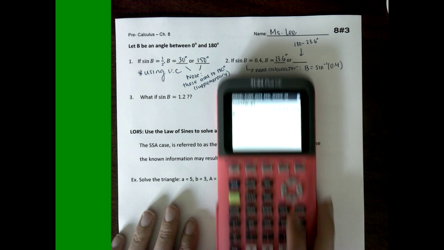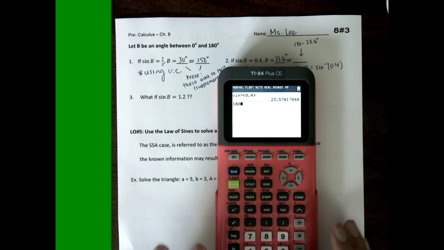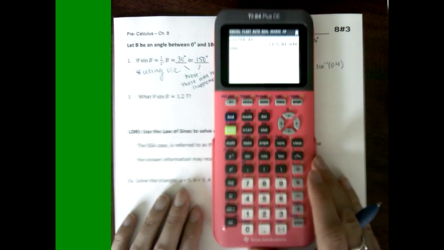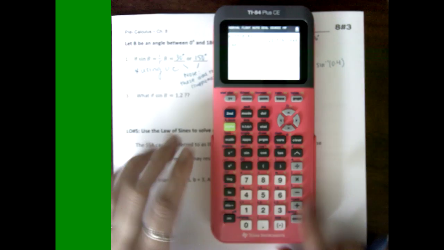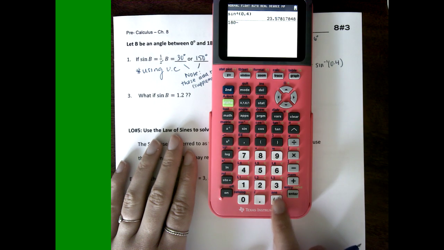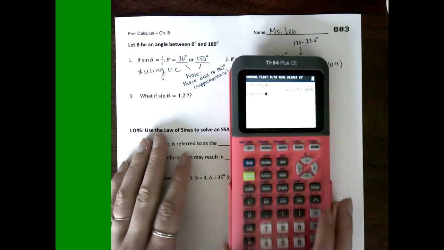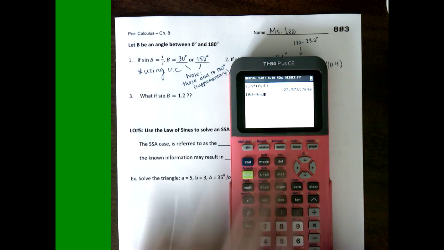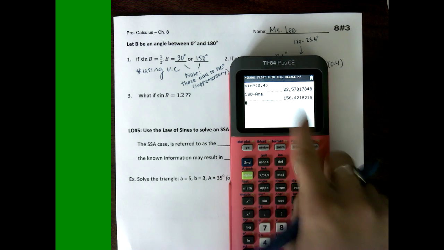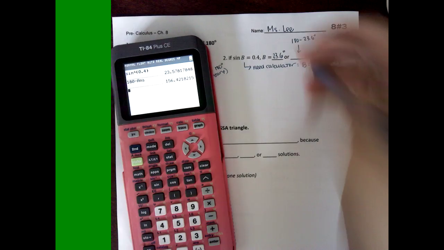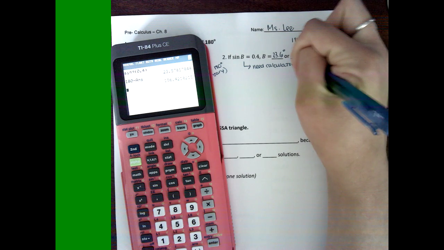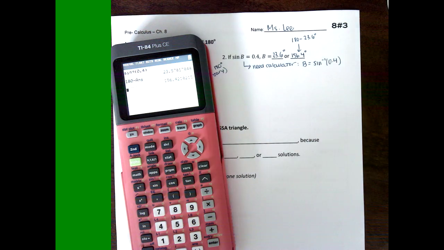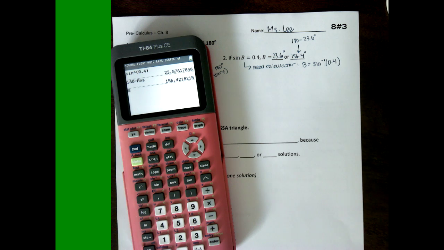I like to just do 180 minus, and then I hit second, and then the little negative down here, and it'll subtract your previous answer. I'm getting 156.4, or you could have probably done that in your head. So there are two possible angles.